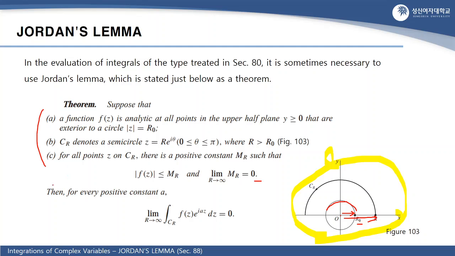Then, for every positive constant a, we have this result: the limit as R goes to infinity of the integral along C sub R of f of z e to the i a z dz is equal to 0.